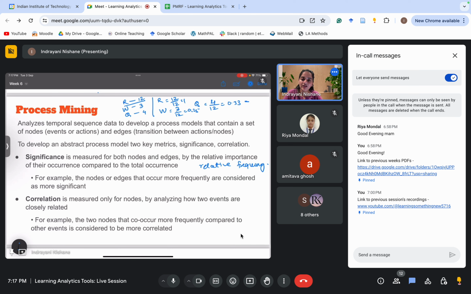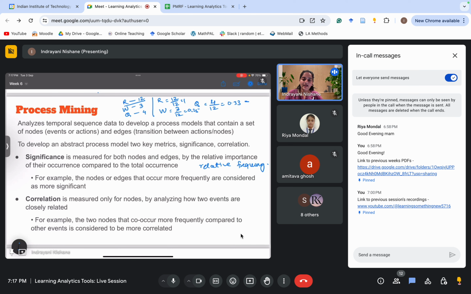Okay, the most frequent action is 1, and correlation is how these two events are closely related. So correlation is very similar to, if you remember, the transition probability we calculated. It is very similar to that, how strongly these two events are occurring together.